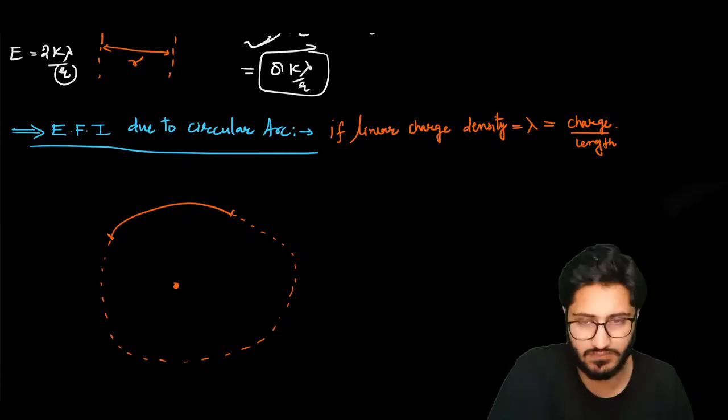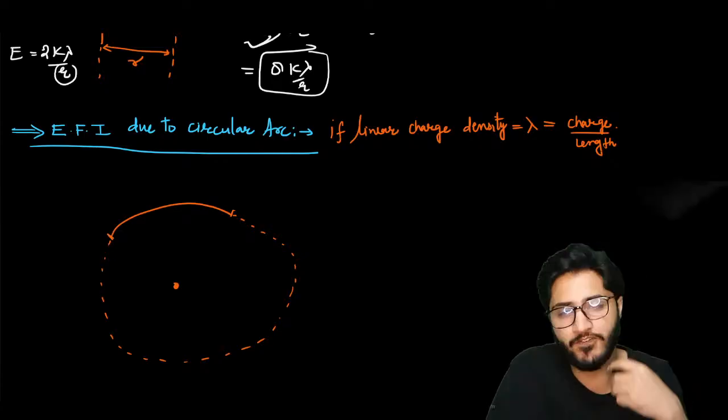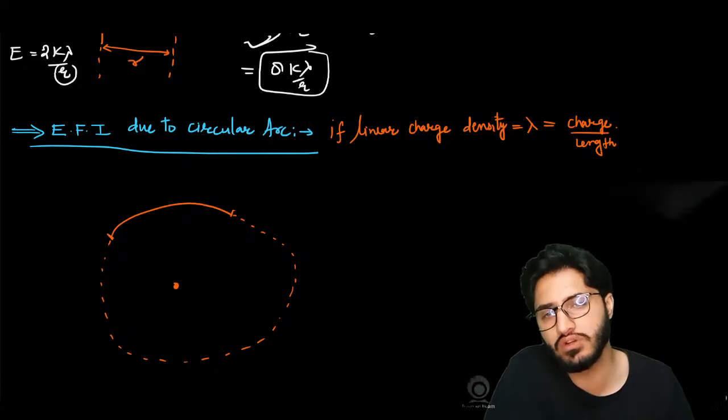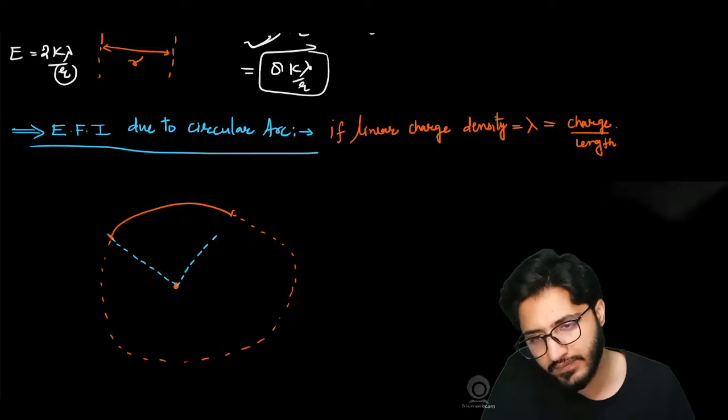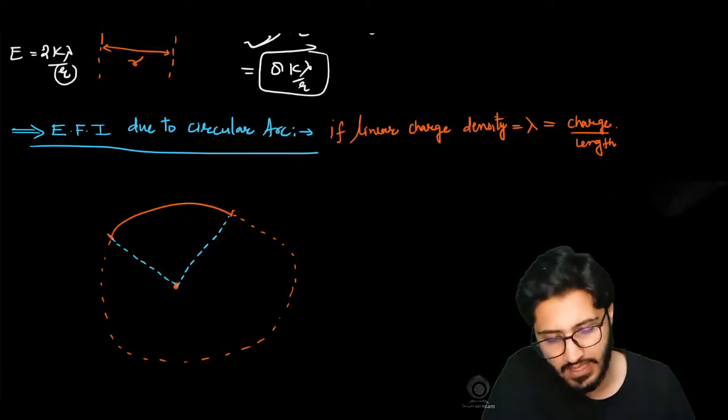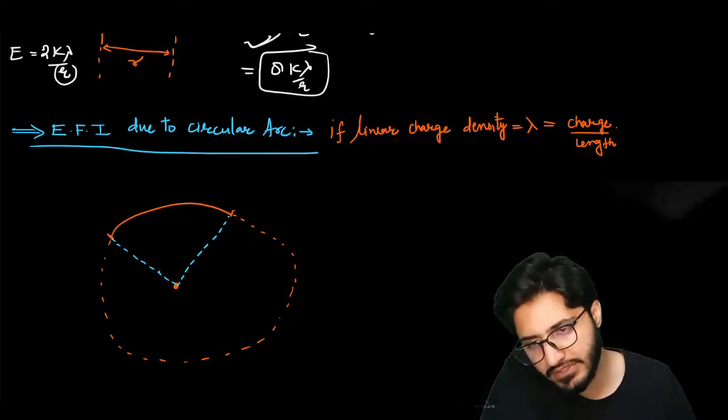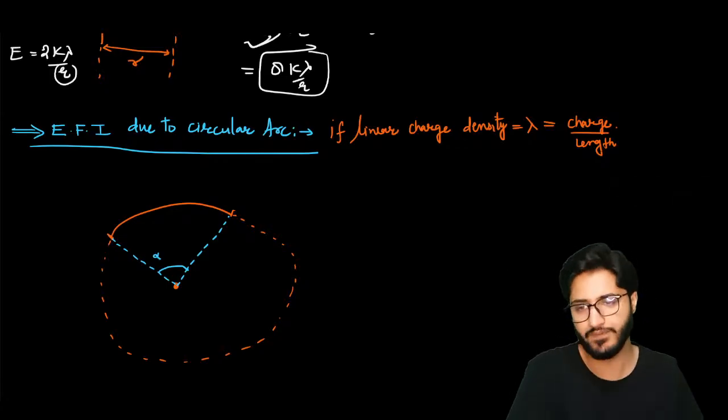If we want to do a derivation like this, what do we need to do? Look, just connect these two ends. Suppose the angle between them is alpha.